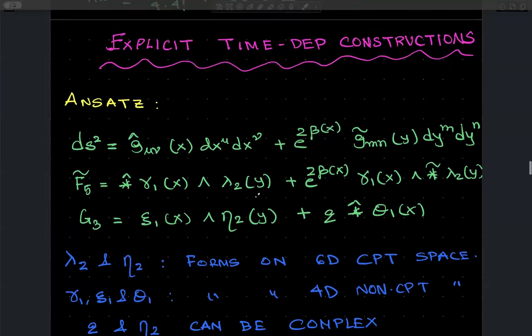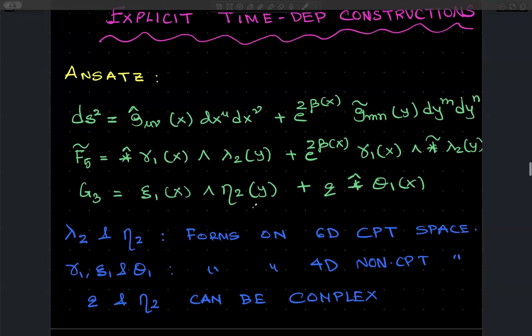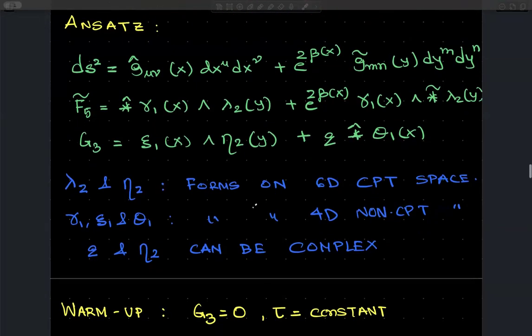And for the F5 ansatz, we have this gamma 1, which is a form on the non-compact space, and lambda 2, which is a form in the internal space. Again, for G3, we have a form on the non-compact space, and this on the internal space. And this is a one-form in the non-compact space. So with this, let's see what we can say about solving the equations.